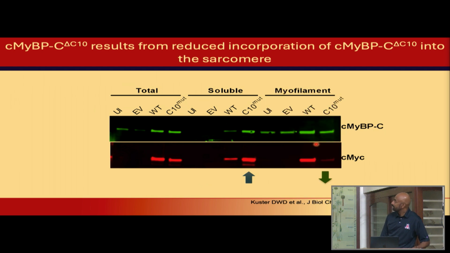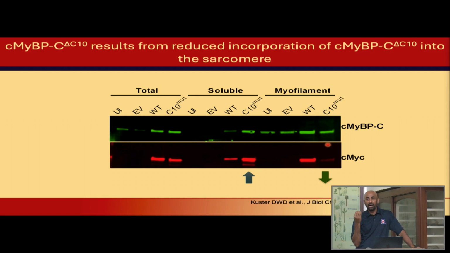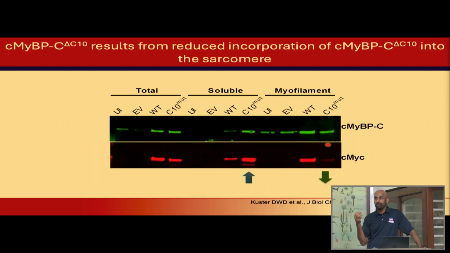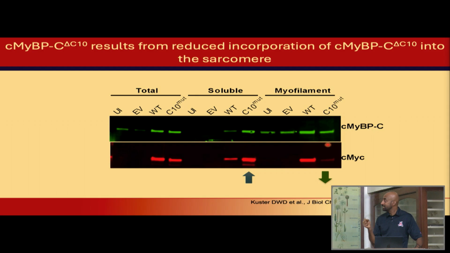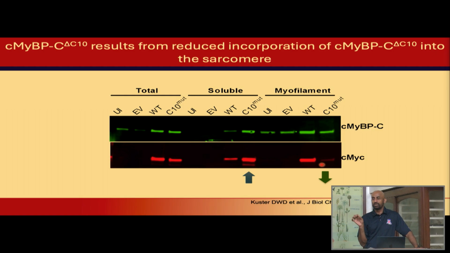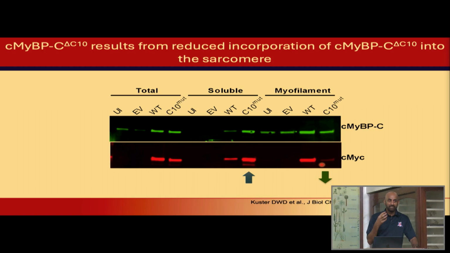Lastly, in the myofilament fraction, which is the non-soluble fraction, where all the proteins are intact, you can see clearly that the wild type is present, whereas the mutant protein is almost minimal, meaning that the mutant protein is not incorporated, it's not binding in the sarcomere. It's expressed, it is there, but not in a proper position or location.